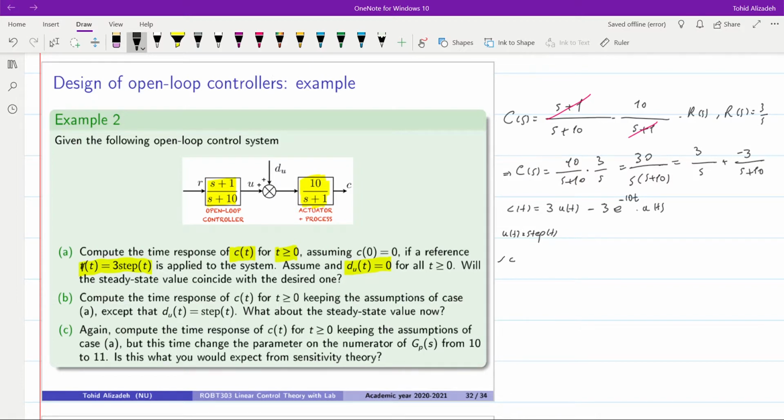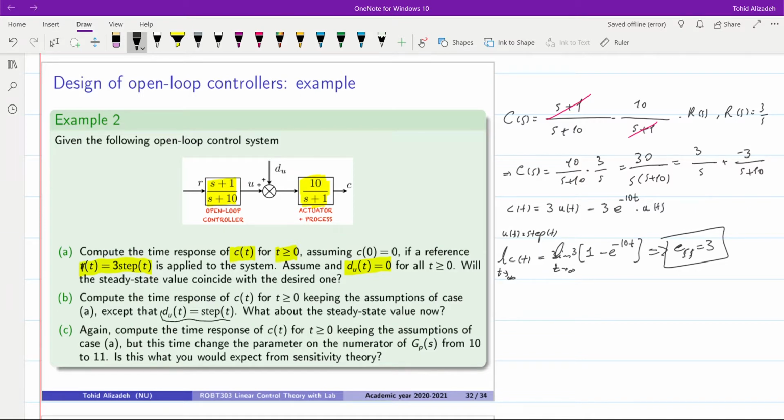And if you want to find out the steady state value of the output, we will get 3 times 1 minus e to the minus 10t. E to the minus 10 infinity will be equal to 0, and therefore the output will be equal to 3, which is the same as the steady state value for the reference, and therefore the steady state error will be equal to 0.